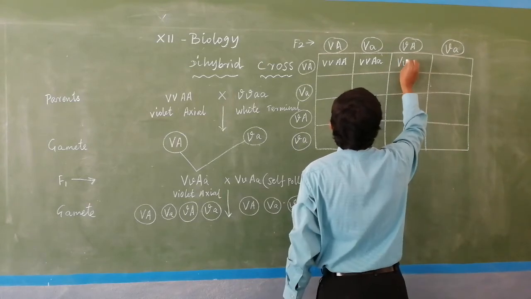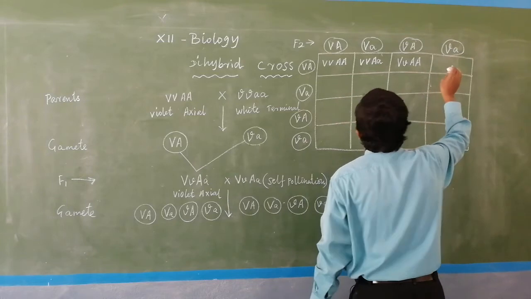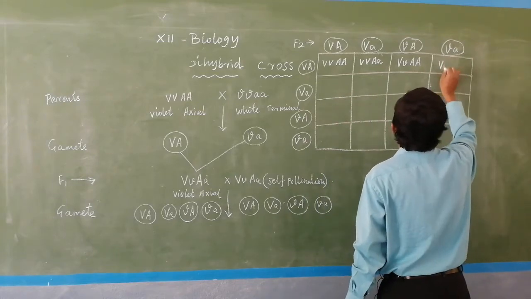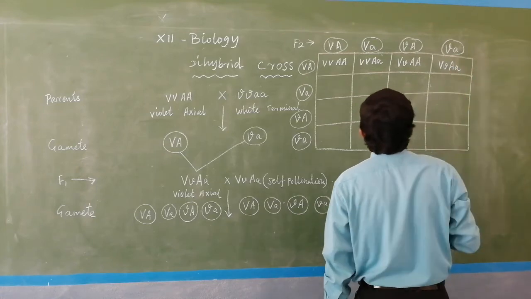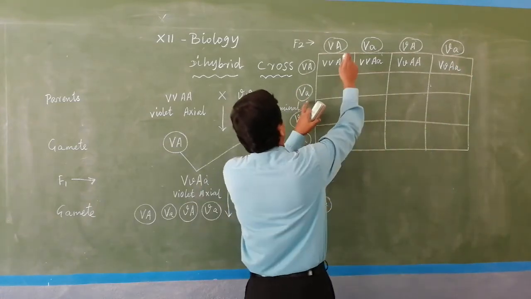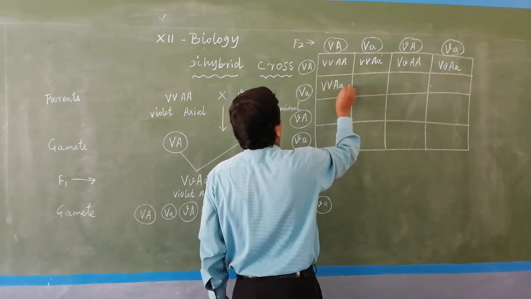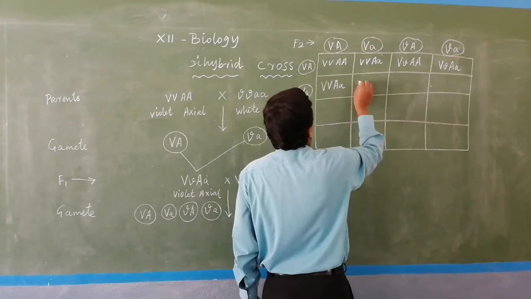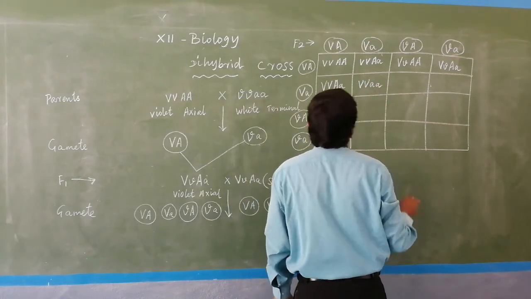Capital V, small v, capital A, capital A. Here, capital V, small v, capital A, small a. Then multiply this one. Capital V, capital A, small a. And capital V, small a, small a.